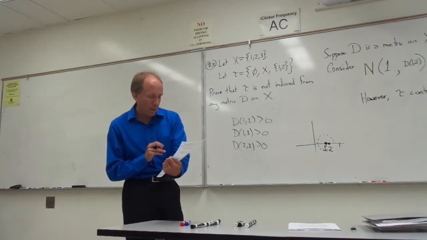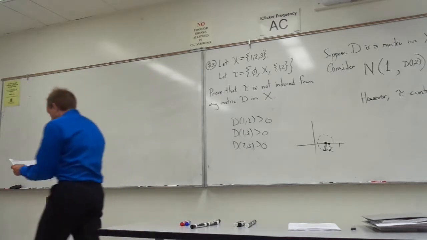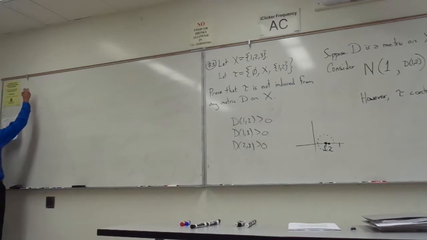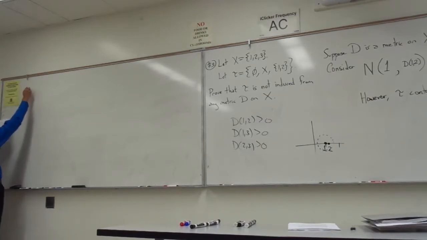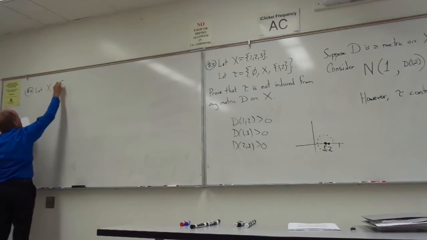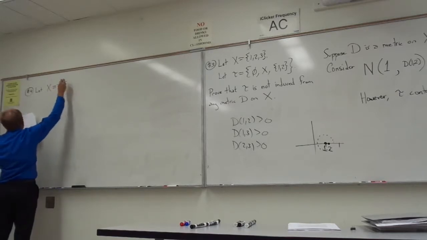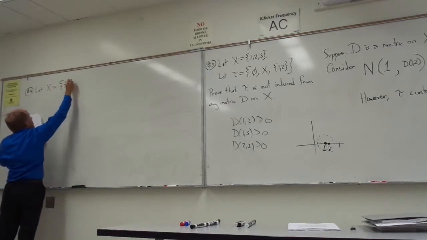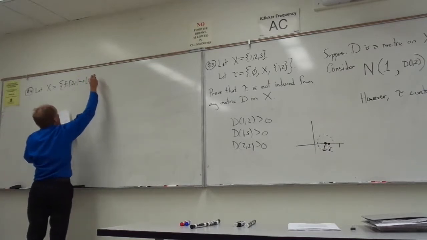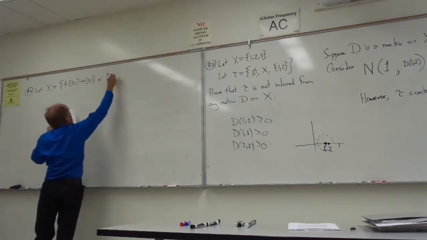Okay, let me do this one. What number am I on? Number 4? Yeah. Okay, let capital X be the set of functions from [0,1] to [0,1] with f continuous.